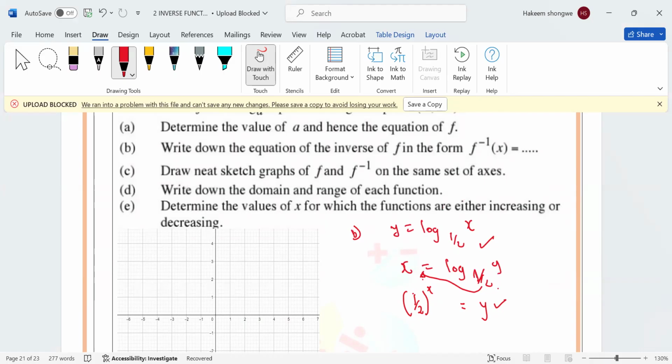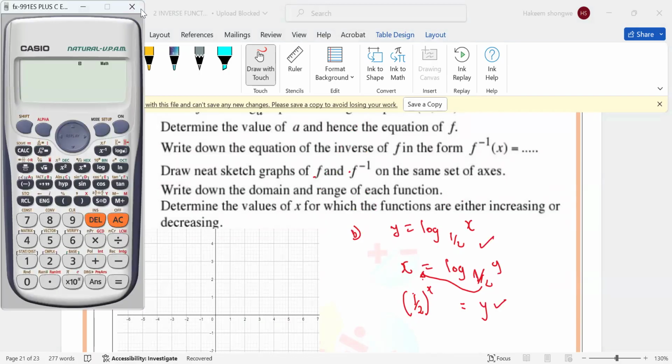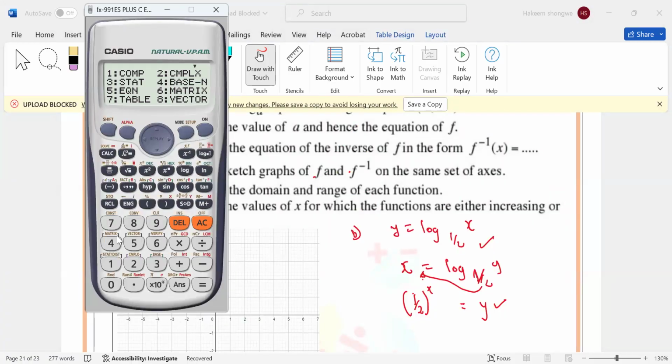Number C. Neatly draw the graph of f and the graph of the inverse. The one we're most comfortable with is the inverse, so let's start by drawing the inverse. We use the mode 7 table and enter open brackets 1 over 2 to the power of x.